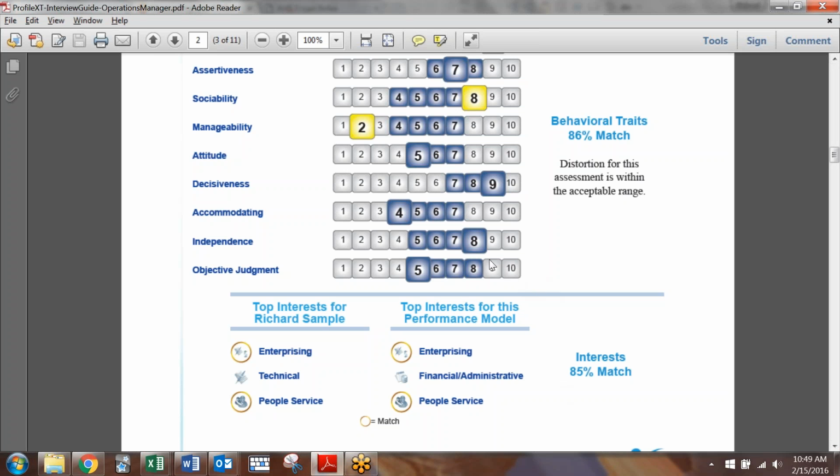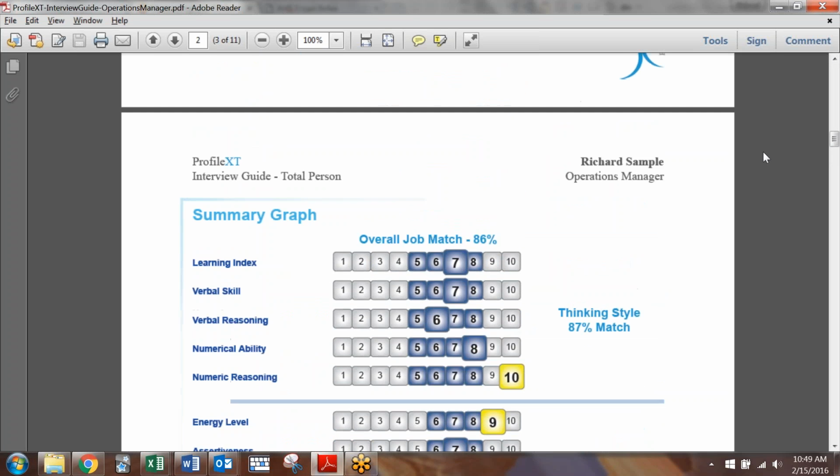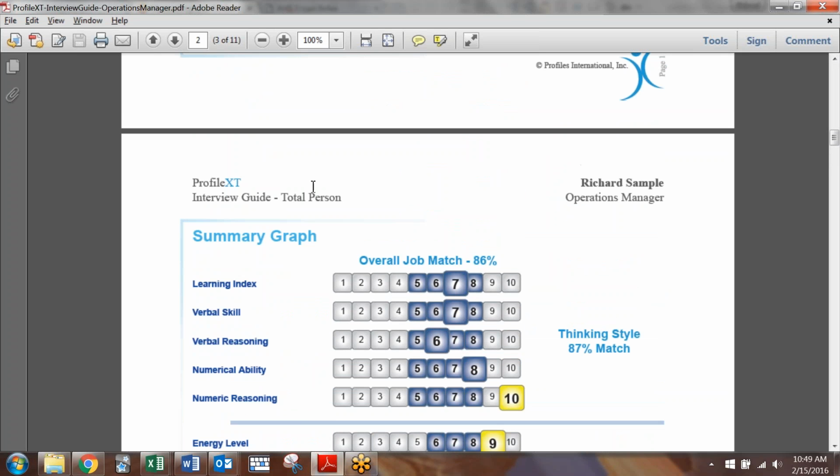So all of that being said, you've got the scores which give you an overall sense of an individual. With the overall job match, for any given job, I can't tell you what the cutoff is without seeing a lot of individuals who are top performers and seeing where their scores are relative to people who have not done as well in that position.